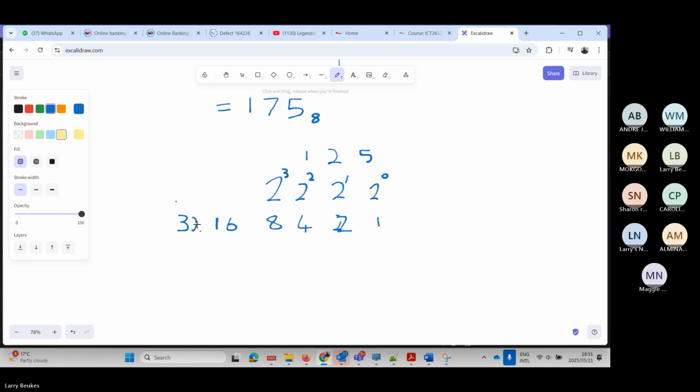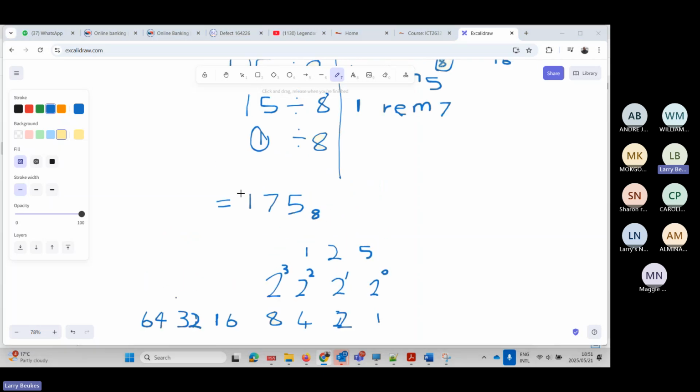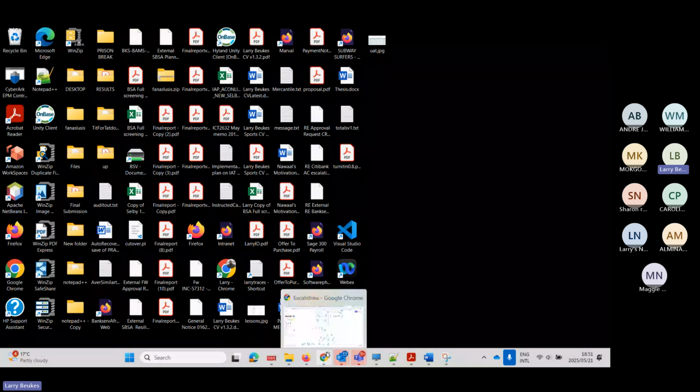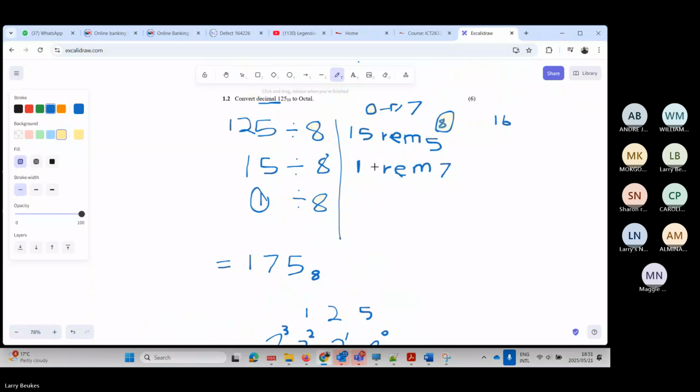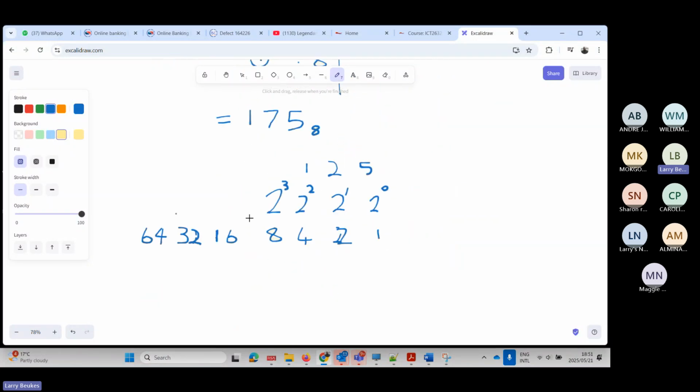32, 64, 128, right? So do we need 128? What was the question? Oh, man. It was 125. So we don't need 128 because 128 will be bigger than 125, right?